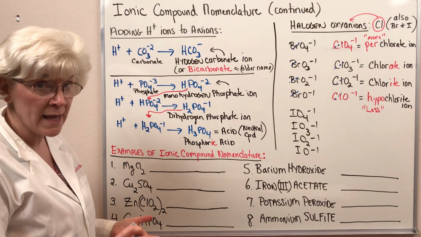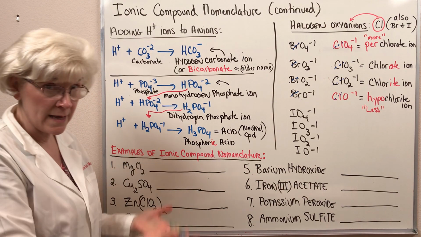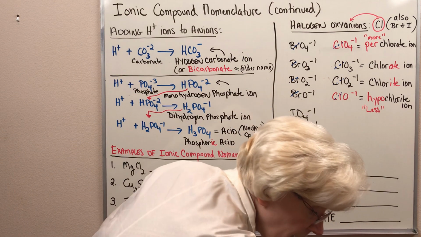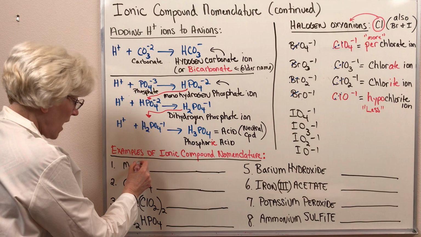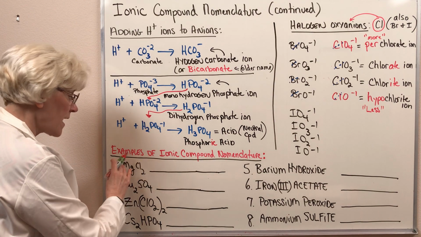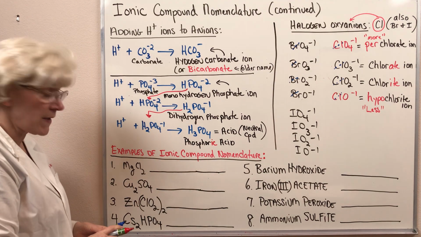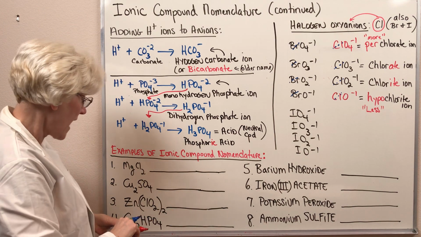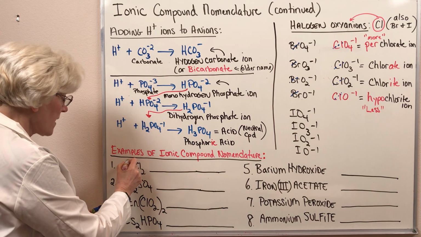So how would we name them? Well, we name the cation first, followed by the anion. And doing a quick charge check, because we know that the total charges of cations and anions in ionic compounds have to add up to 0.